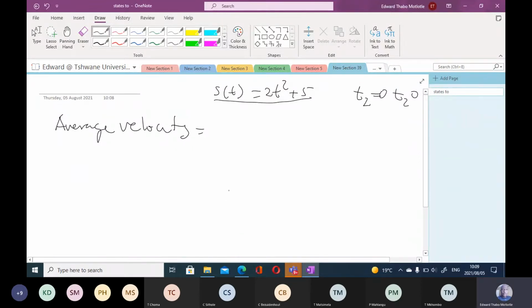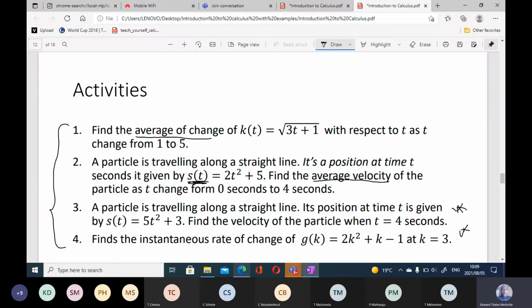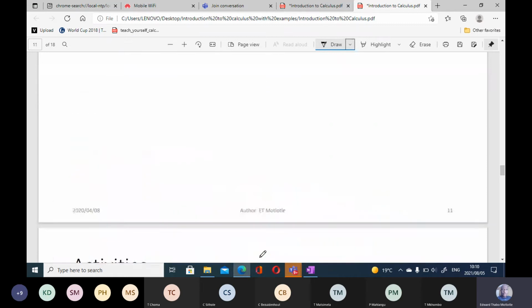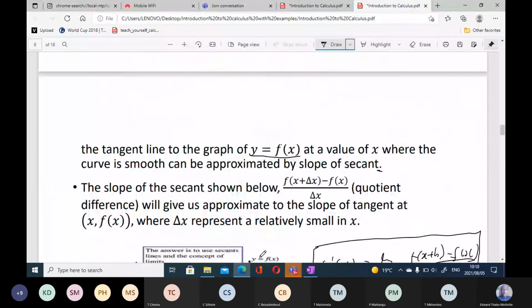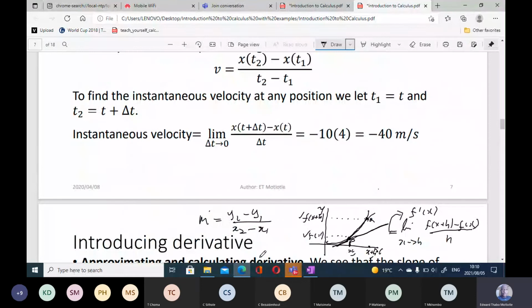So this means you can use the formula for instantaneous velocity. So you'll determine the limit as t approaches. Where is that formula? I was not supposed to do these complicated things. For instantaneous velocity. Okay, so this is the type of formula that you're going to use.